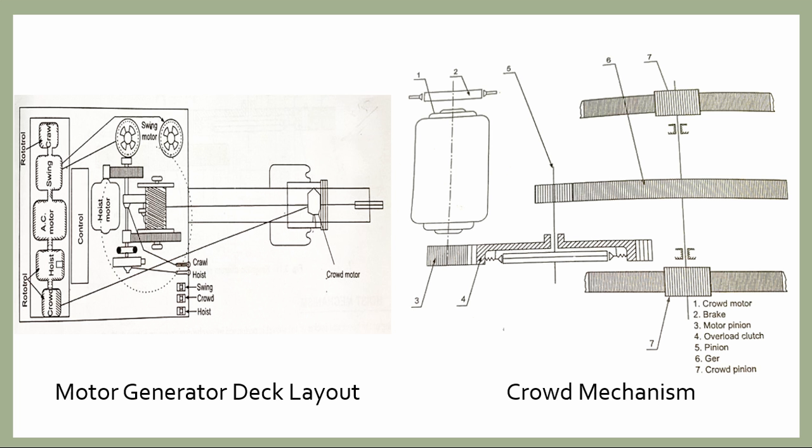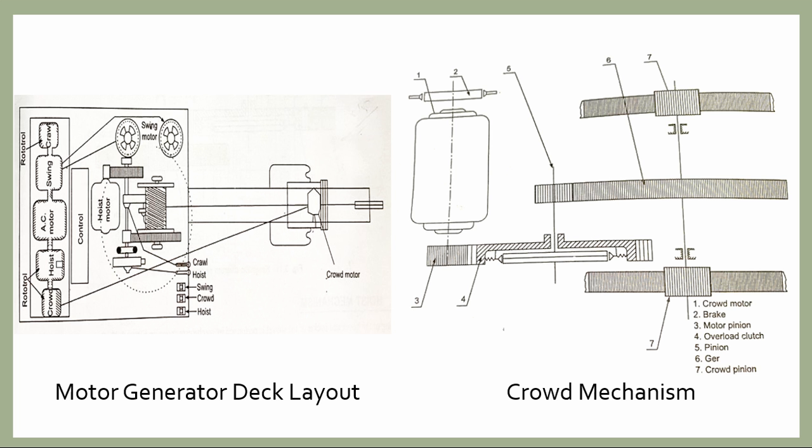The AC motor is energized by taking power from the high tension line or HT line, which finally drives all the generators. All of these generators are DC generators.